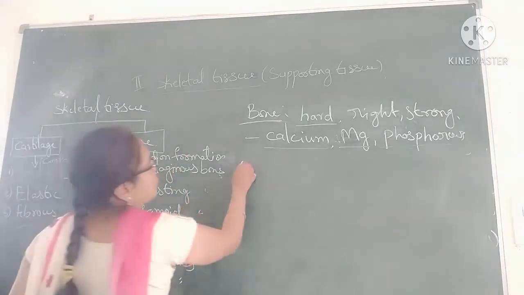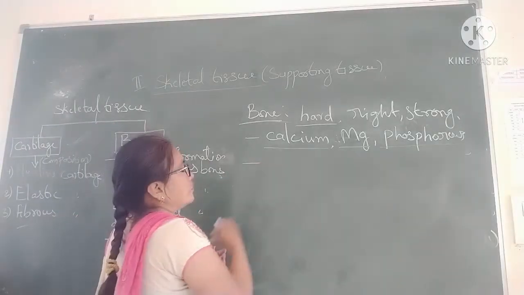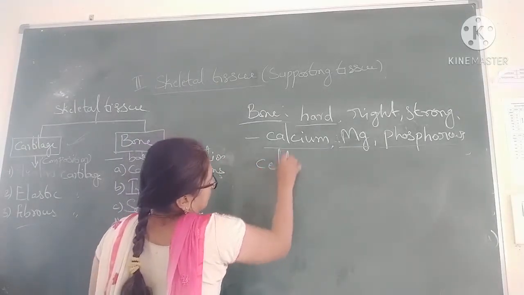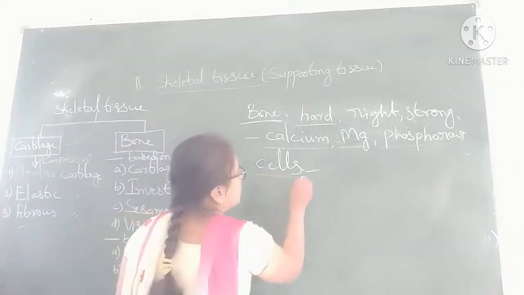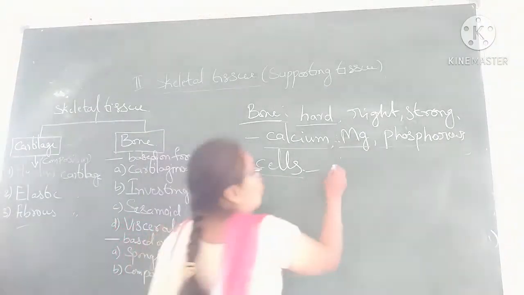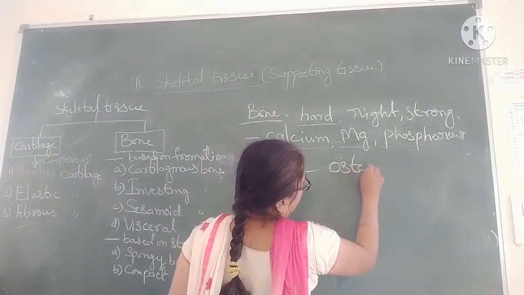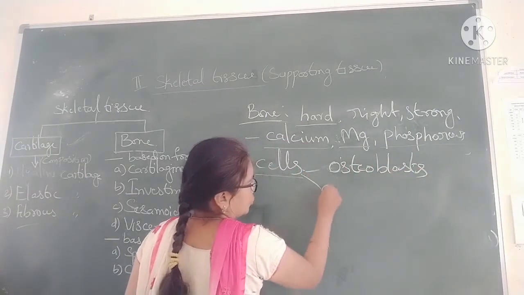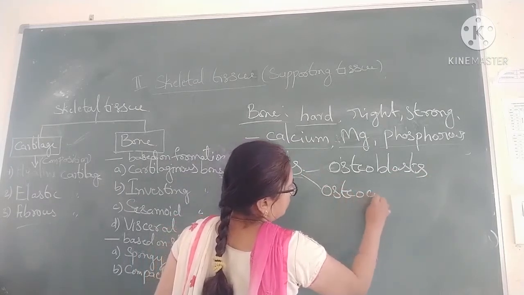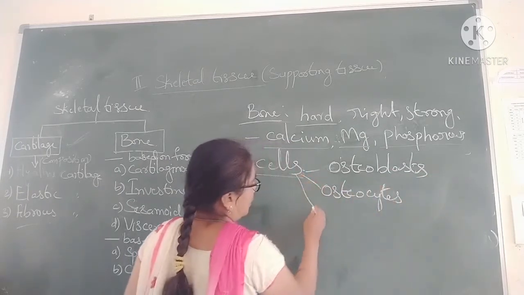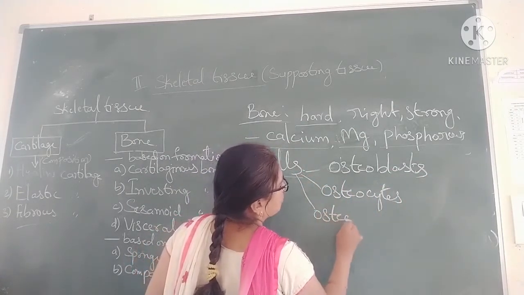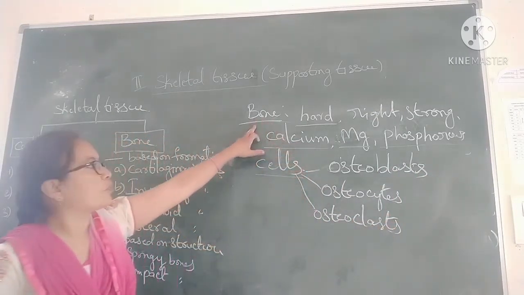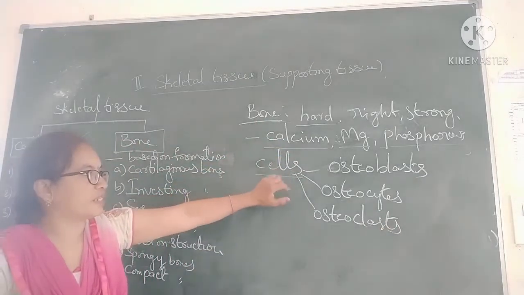Bones contain cells: osteoblasts, osteocytes and osteoclasts. Bone contains three types of cells.